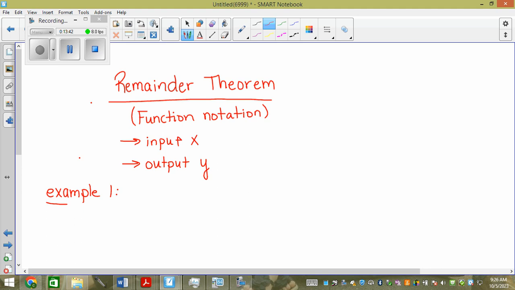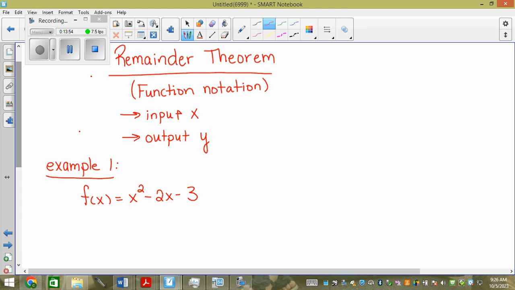Okay. Say I give you f of x equals x squared minus 2x minus 3. We're just doing grade 10 math here.